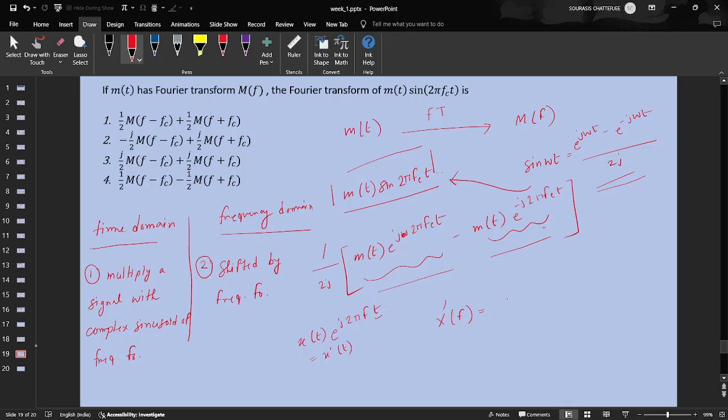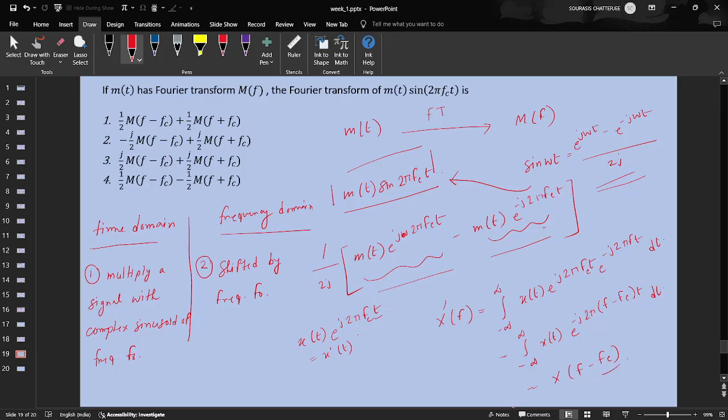The corresponding Fourier transform will become the integral from minus infinity to infinity of x dash t, which is x(t) e to the power j 2 pi fc t, multiplied with e to the power minus j 2 pi f t dt, correct. And this is nothing but the integral from minus infinity to infinity of x(t) e to the power minus j 2 pi (f minus fc) t dt, and this you can see is nothing but X(f minus fc).